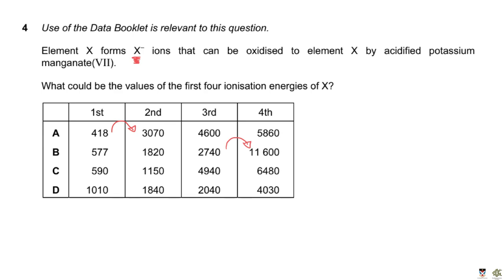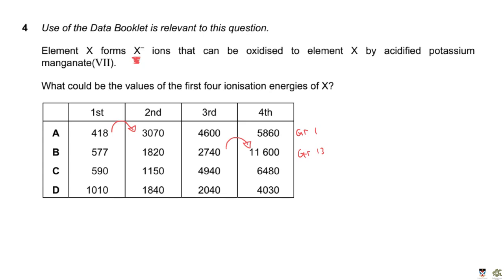So we know that element is in group 3 or group 13. We remove the first 3 electrons quite easily, and then we need much more energy to remove the fourth one, because it will be in an energy shell closer to the nucleus. So this is something in group 1, group 3 or group 13.